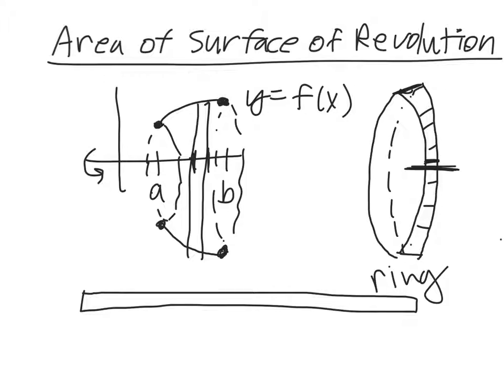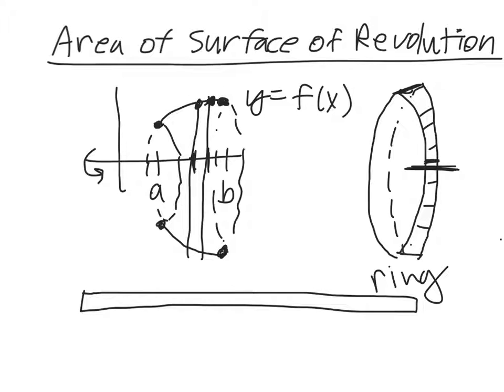Now, typically we would look at this and say, let's let the slice be the width of dx. But we're going to change this idea here. If we are looking at the slice this way, what were you supposed to be doing in the beginning of 7.4?